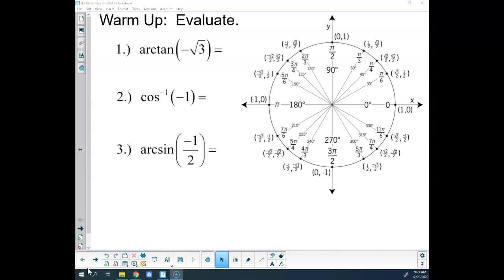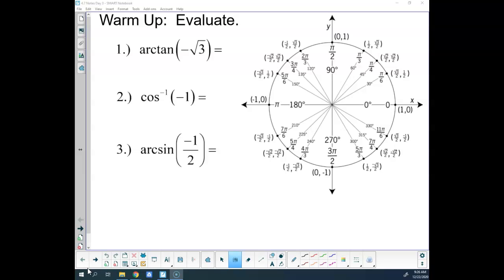Arctangent of -√3. For arctangent, I'm looking solely at the right side of the unit circle, and I need the tangent to be -√3.